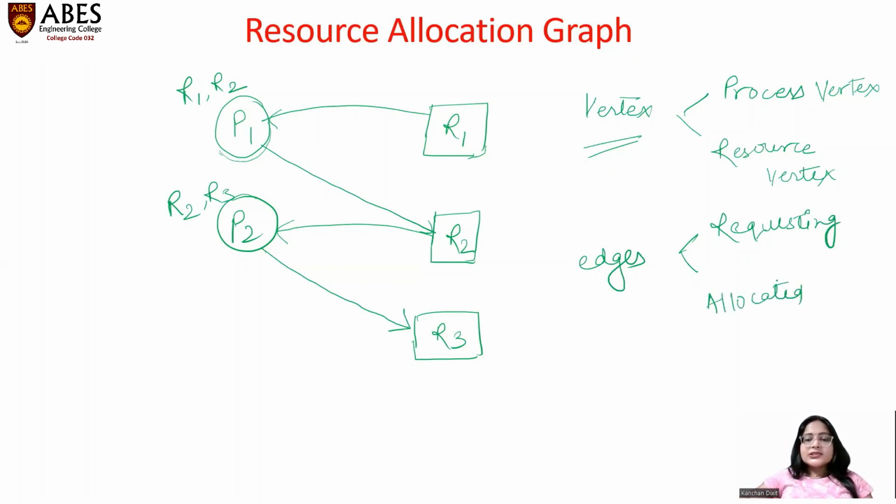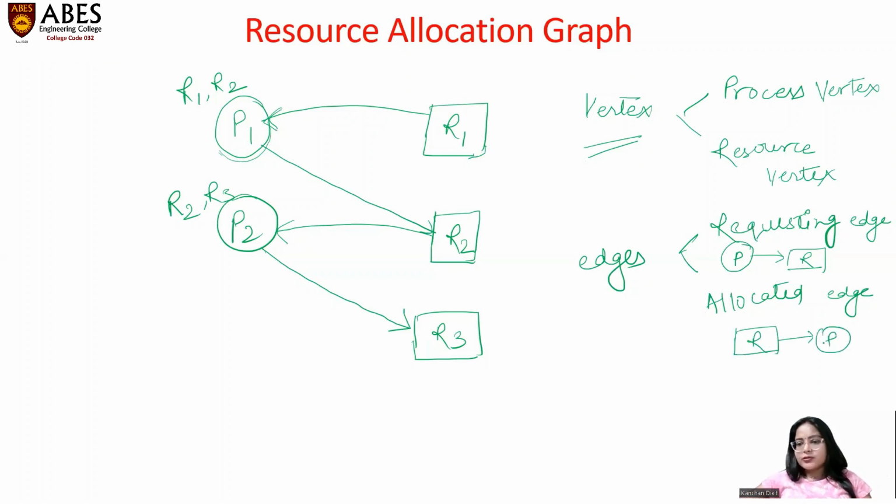A requesting edge is an edge directed from a process to a resource. An allocated edge is an edge directed from a resource towards a process. So this is an example of a resource allocation graph.